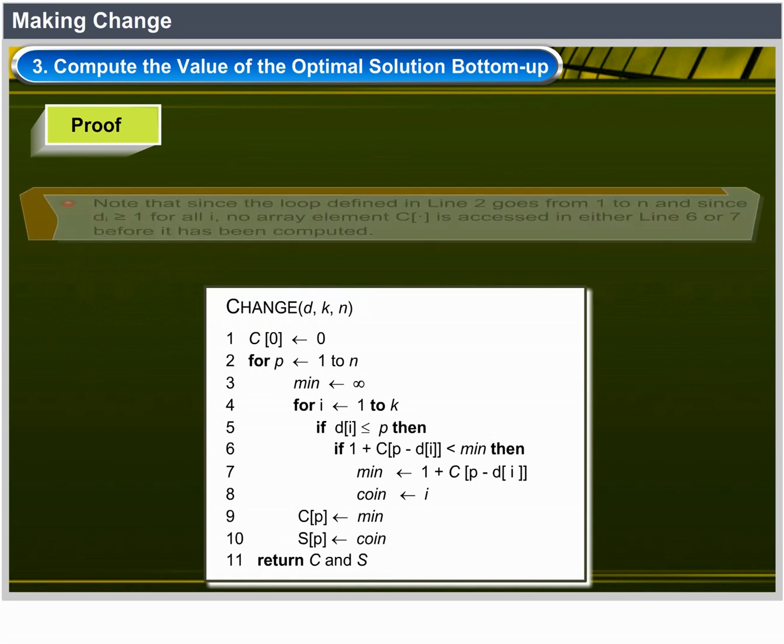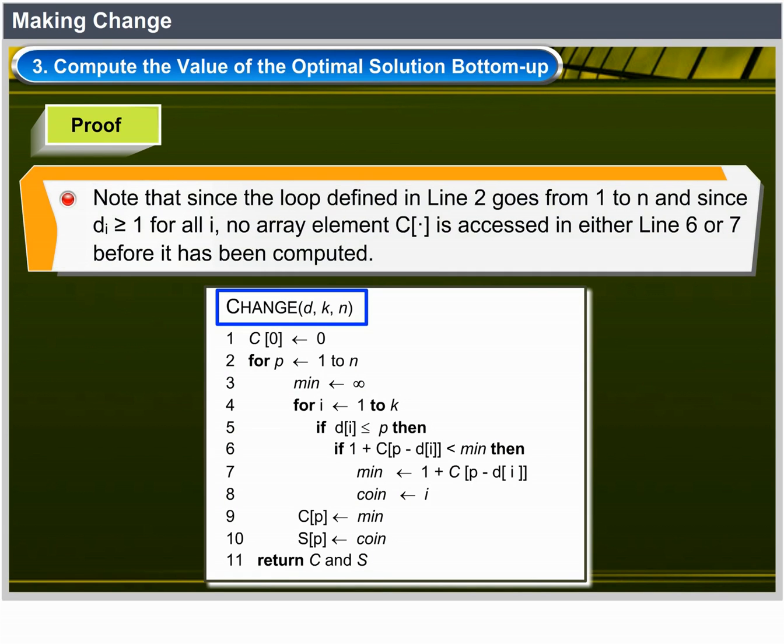Note that since the loop defined in line 2 goes from 1 to n, and since d_i is greater than or equal to 1 for all i, no array element C of p minus d_i is accessed in either line 6 or 7 before it has been computed.